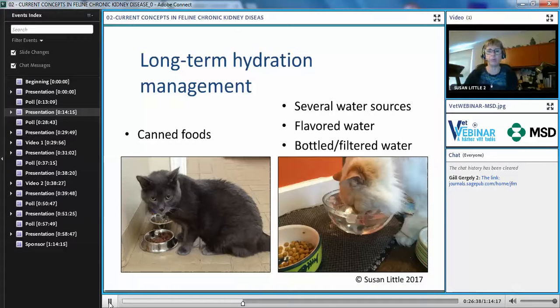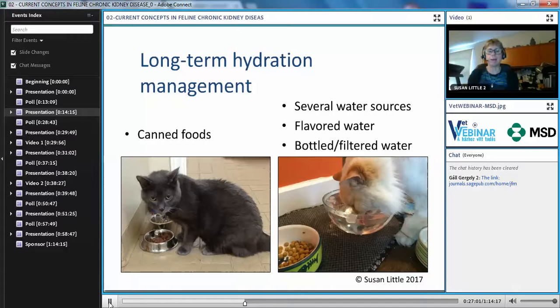So we do need to monitor calorie intake. But there are other things owners can do as well, like having several water bowls around the home for the cat to drink from rather than just one. Maybe adding some flavor to water with, for example, some low sodium tuna juice, the juice from a can of tuna.